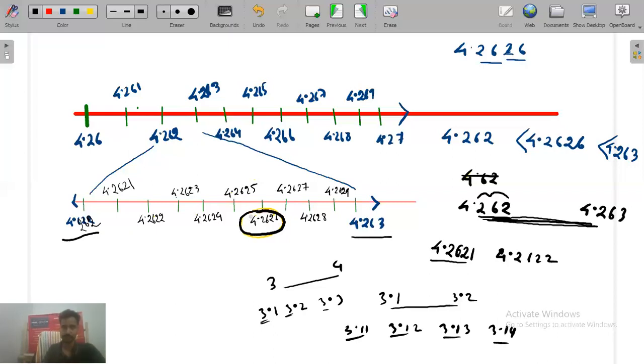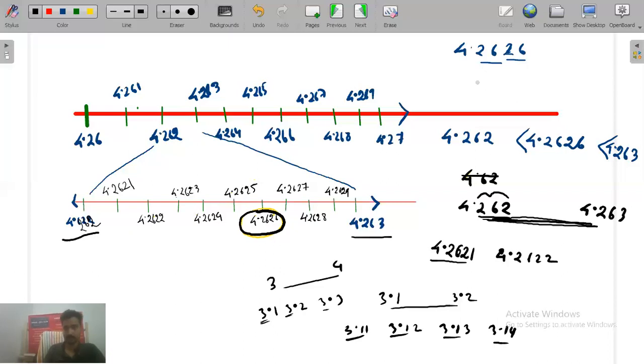Again, you can write the steps here. First you write down that 4.2626 will lie between 4 and 5. Then you write: magnify the interval between 4 and 5 into 10 equal parts.